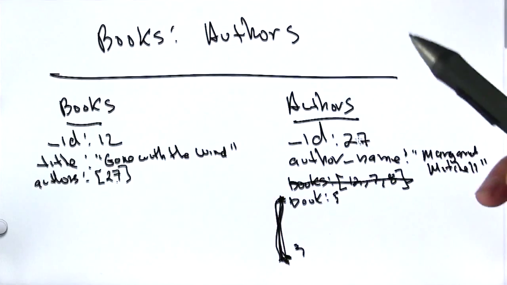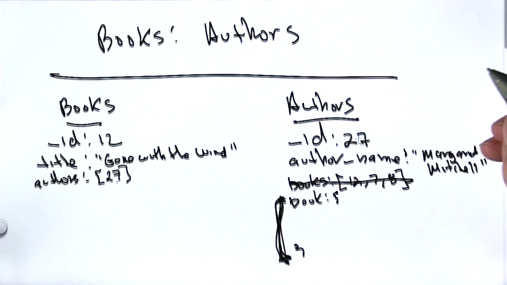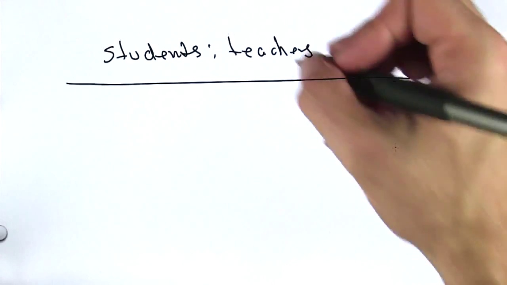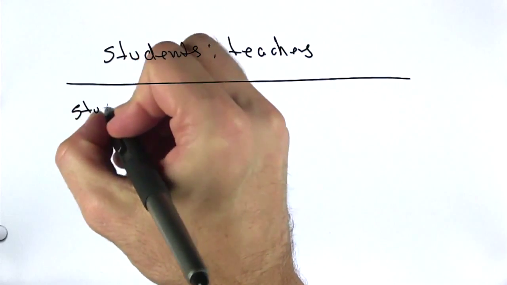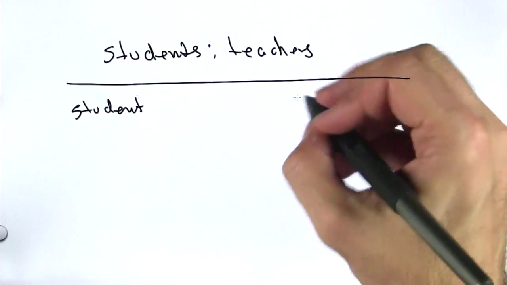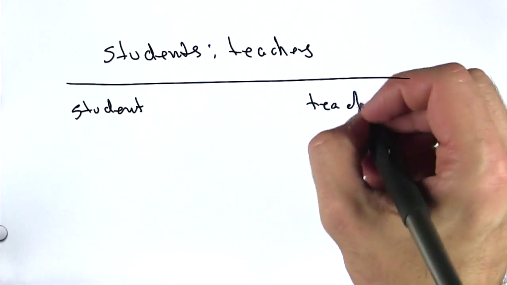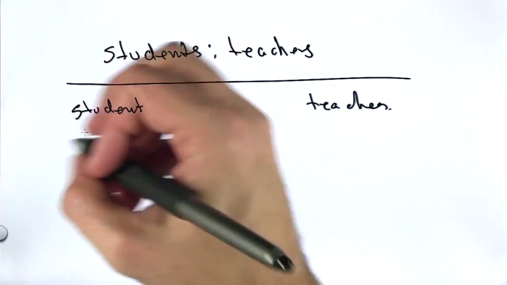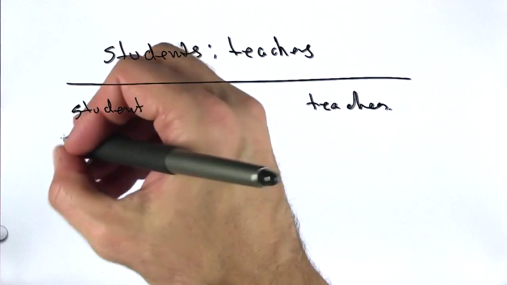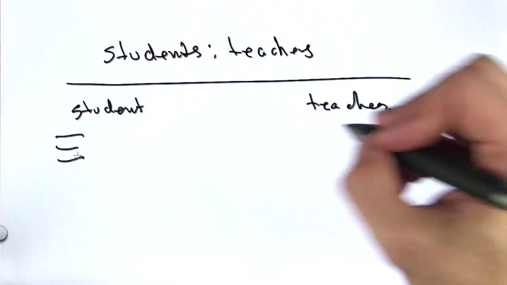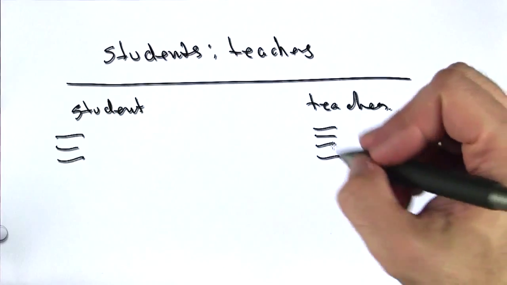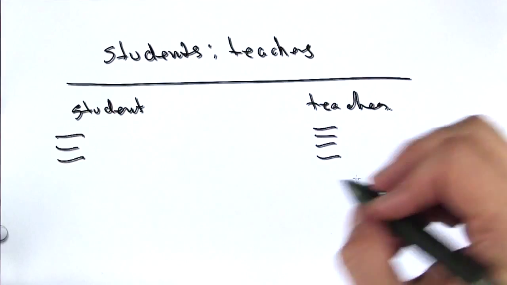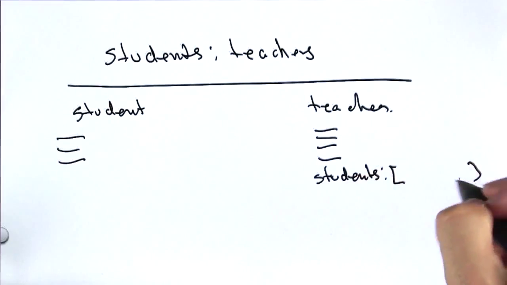All right, so next let's talk about the students and teachers relationship. Students and teachers looks a lot like books and authors, where a teacher can have multiple students and a student can have multiple teachers, and I'd probably handle it the same way. I'd have a student collection and a teacher collection, with the information about the student listed in the student collection and the information about the teacher listed in the teacher collection, and then I would link in one direction or the other, and I would have an array of items.